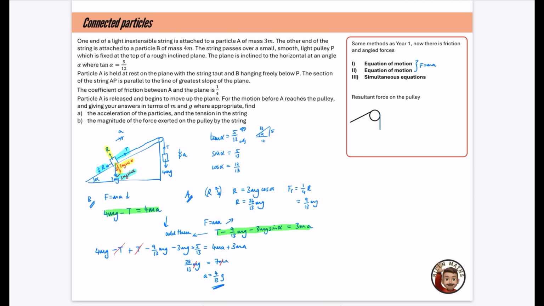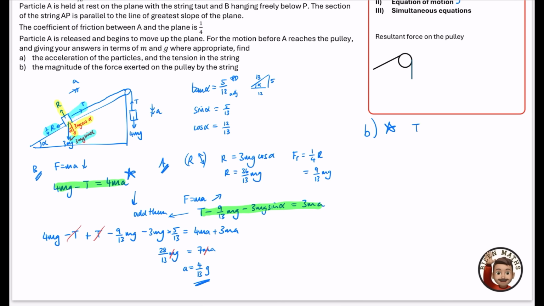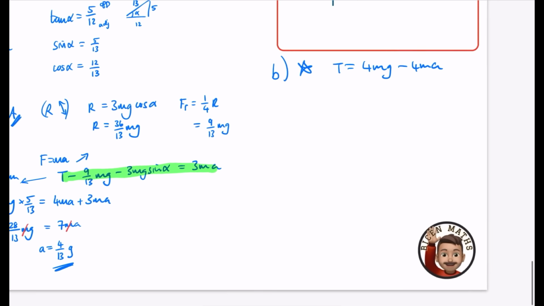Okay, we still need to now find out the tension in the string. Well, we found out the acceleration. I think we can just use this equation to now find out what the tension is. So if I take this one here, I'll put a little star next to it. If I rearrange that equation, I would say that the tension is equal to 4mg minus 4ma. Add the tension to that side and you're subtracting the 4ma.